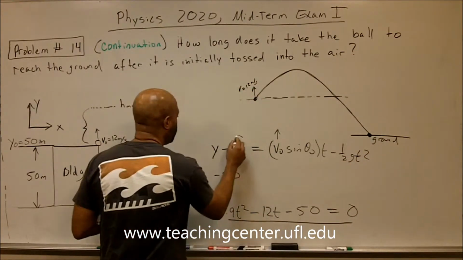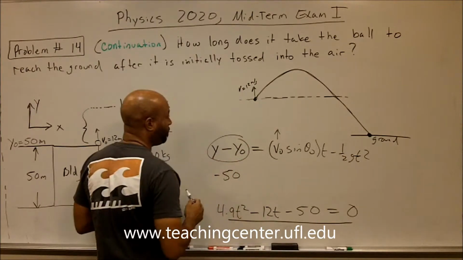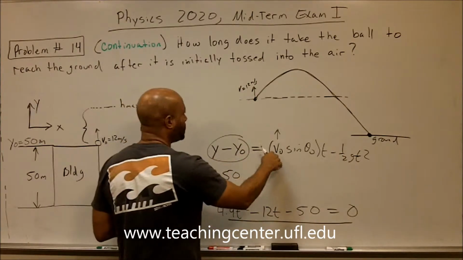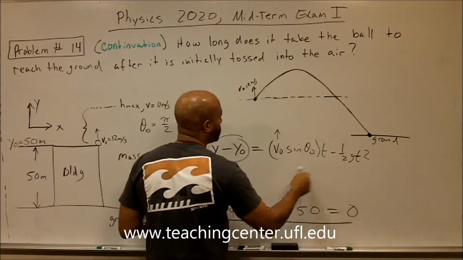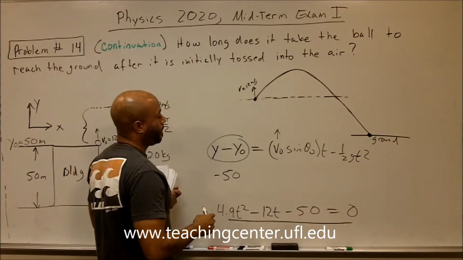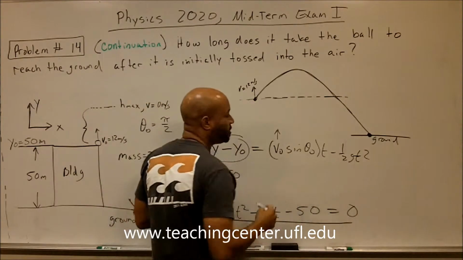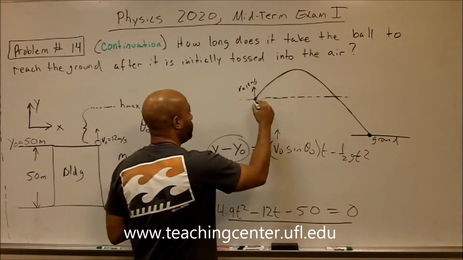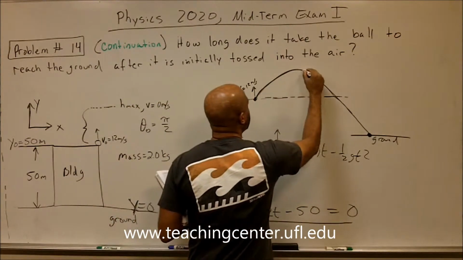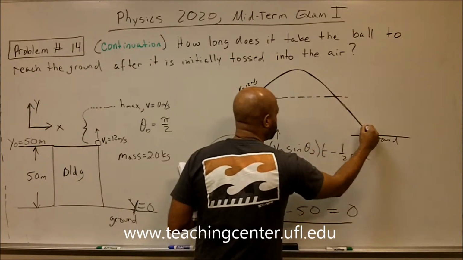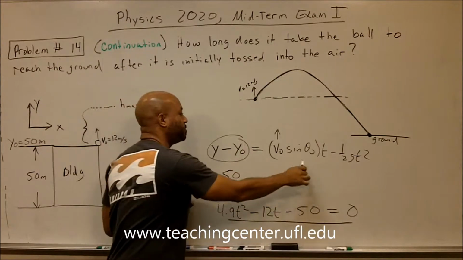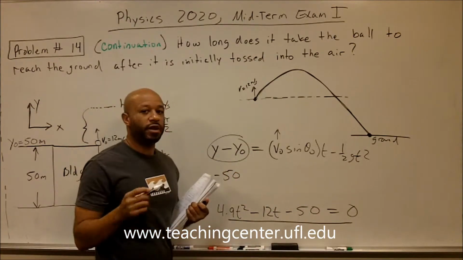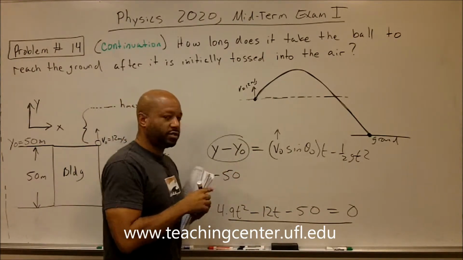And because we have the change in y equal to negative 50, and we have the velocity headed up, we know that this is projectile motion. When we solve this equation for time, we're actually determining the total time of the projectile motion. All right? And so that's how we can use this equation in order to find the total time. So that's just a little side note.